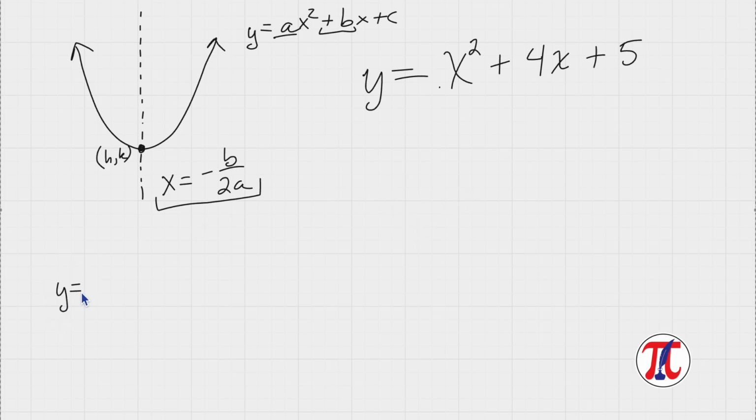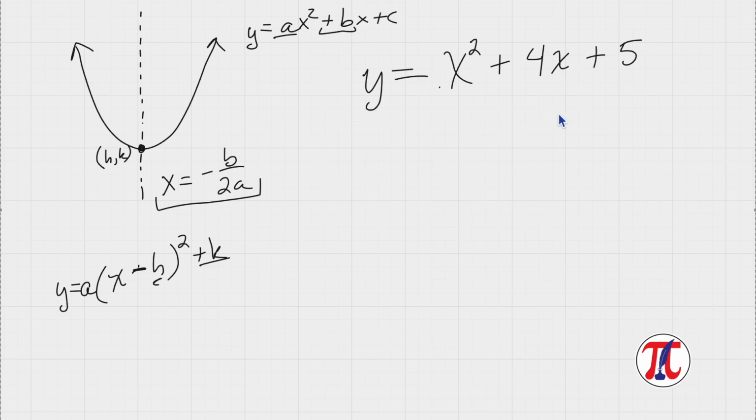Remember, vertex form is y equals, I'm going to put an a here because the a value is the same as there, a times x minus h squared plus k, where h and k are the x and y values of the vertex.